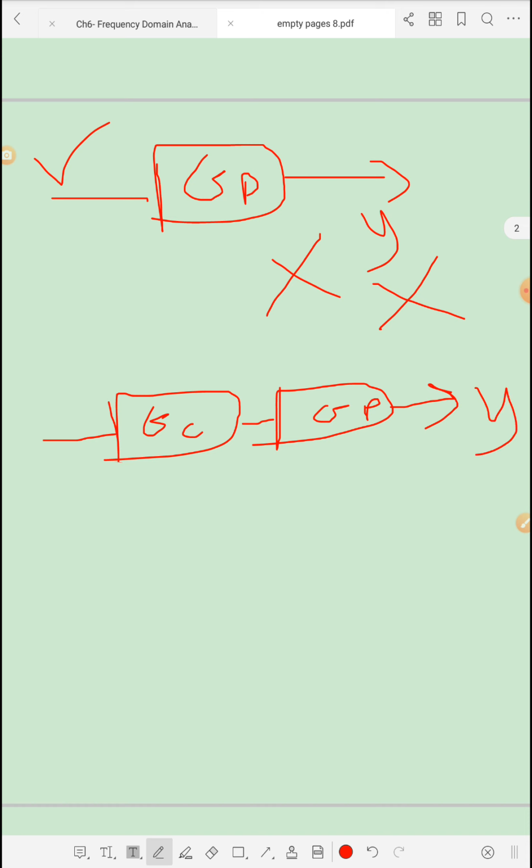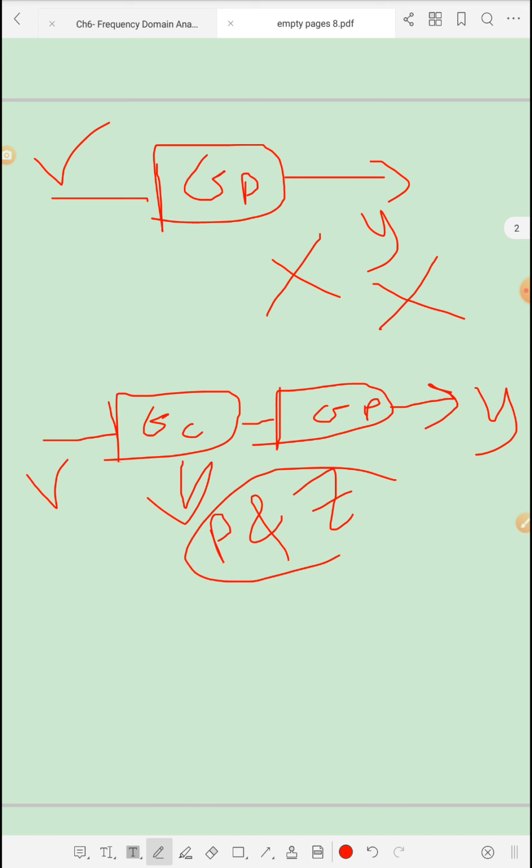And this is Y and this will be the R. So when we add the controller, as we discussed in the time domain root locus, the controller contains poles and it will also contain zeros, poles and zeros, this controller.